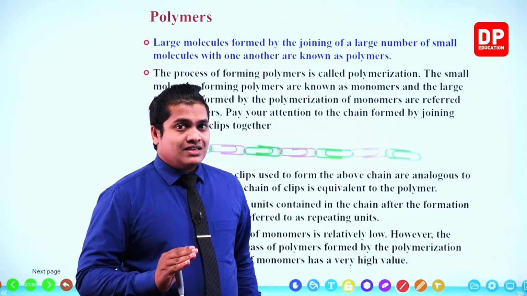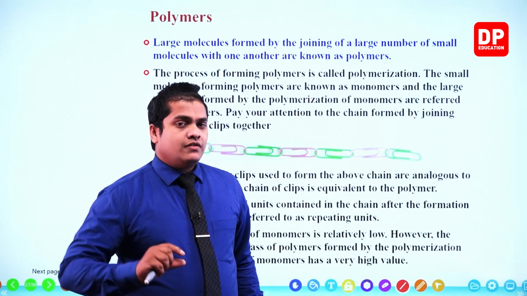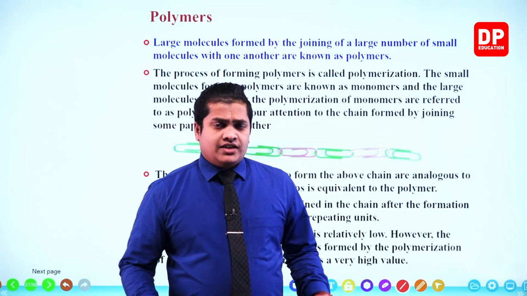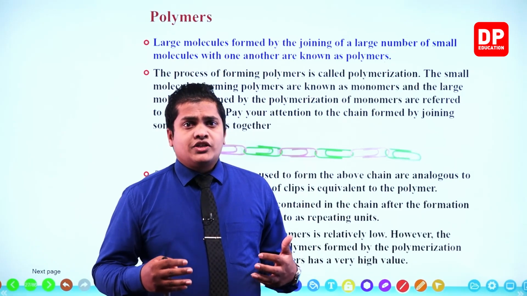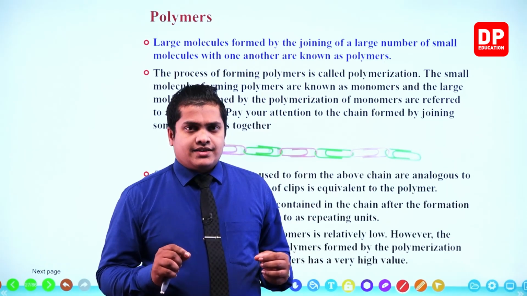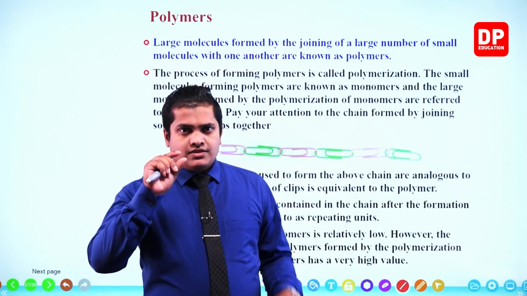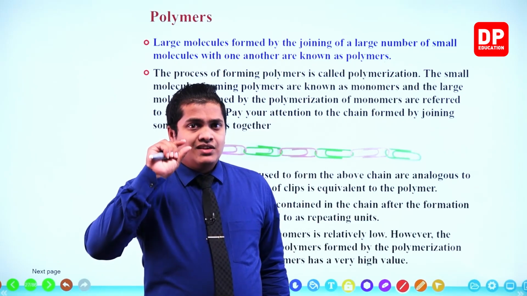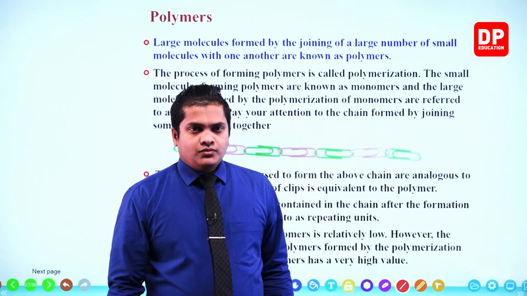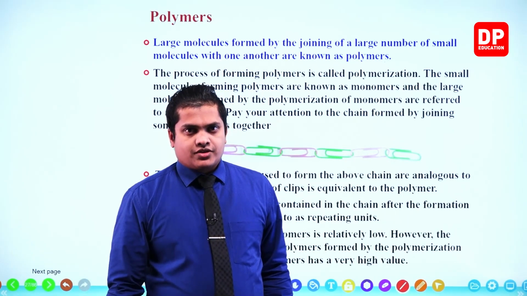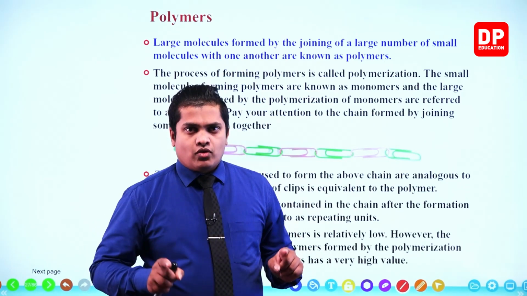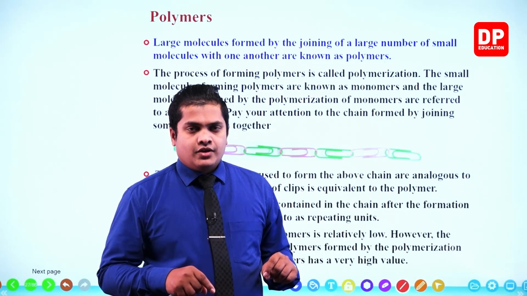For an example, let's take a gold chain. A gold chain is created by one single circular structure. These circular structures are joined together in order to create a gold chain.